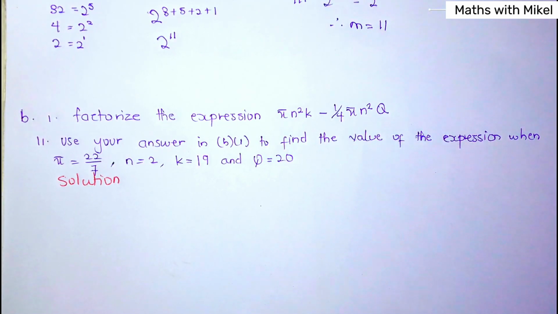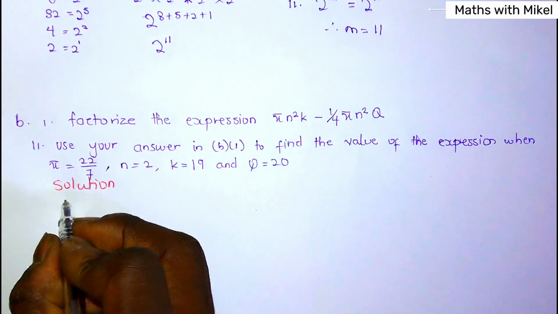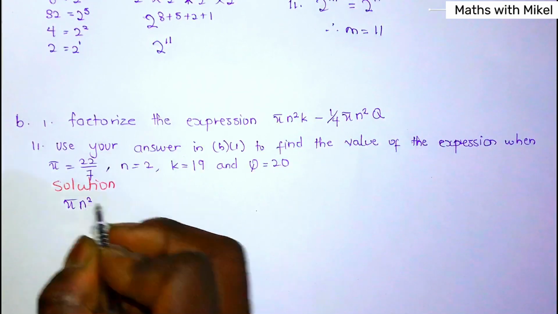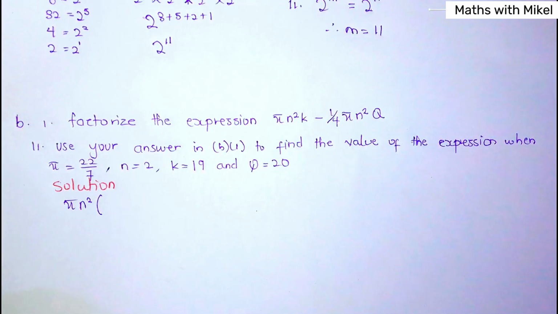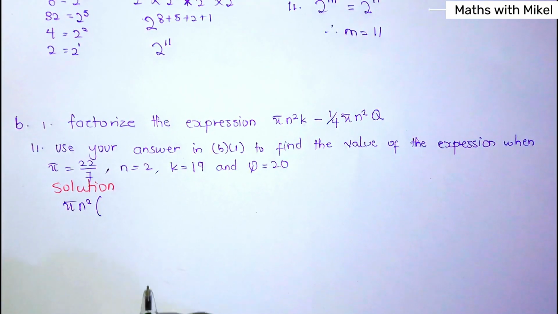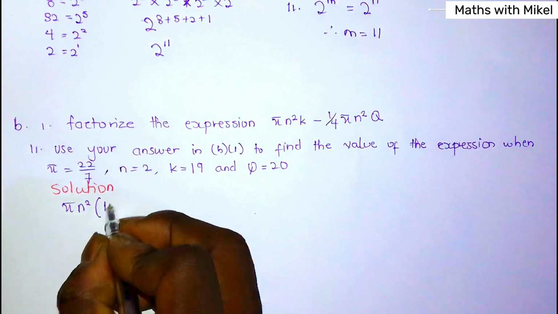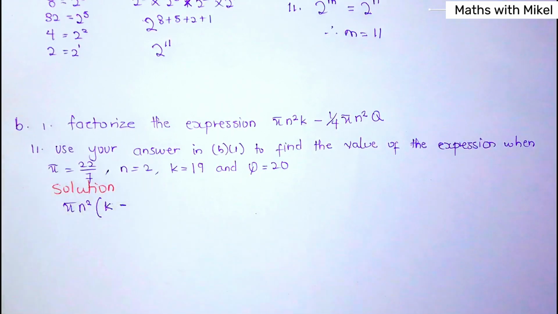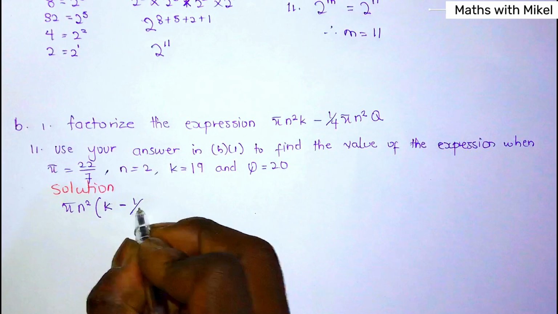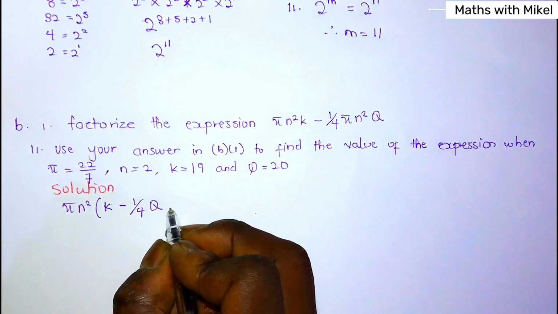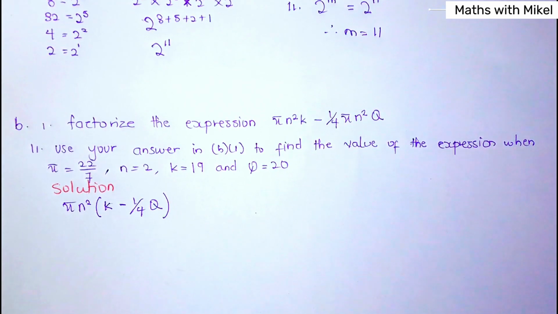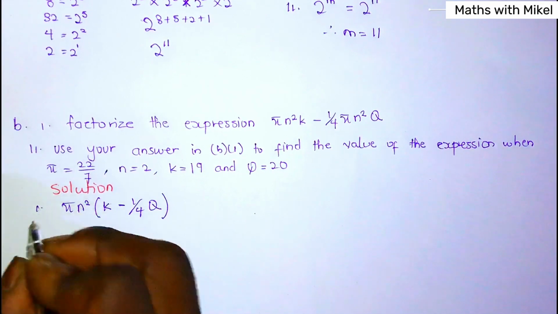So those ones are common, so we can factor them out. So if you factor pi n squared, in the first term we are left with k, and in the second term we are left with minus 1 over 4 q. So this answers the I part of the question.